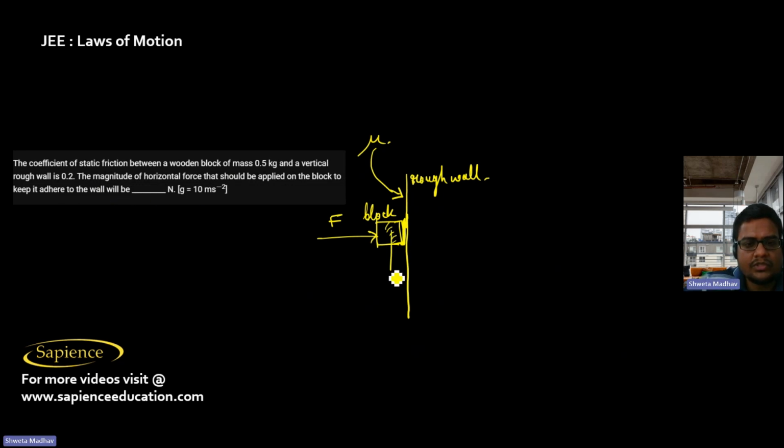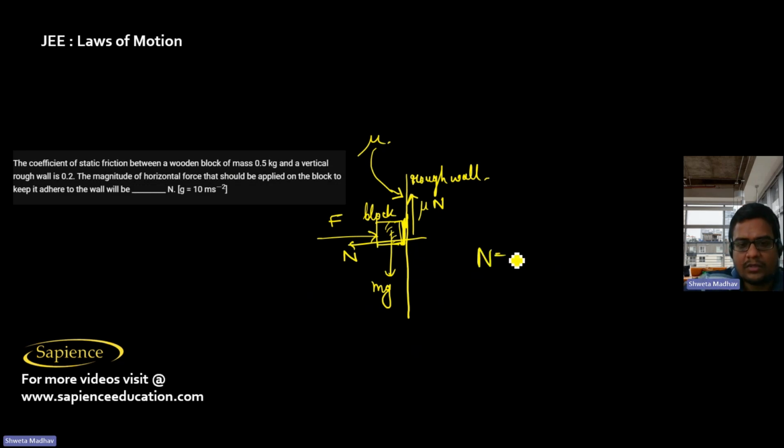So here mg is acting vertically downwards, and so frictional force will act vertically upwards, which is mu times N, and here there is normal reaction. So the block should remain at rest on the wall. Therefore I can say the net force in the horizontal should be 0, and net force along vertical also should be 0.